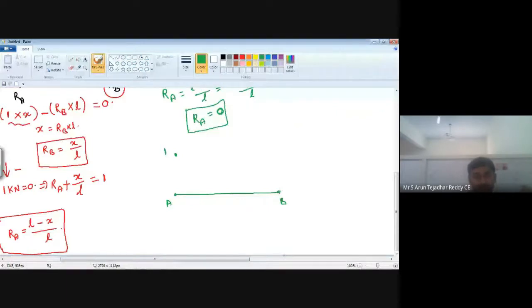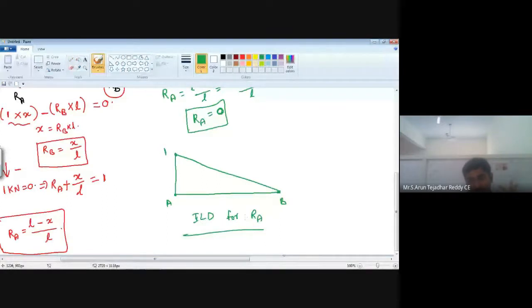Now join all the points. Yes, this is our ILD for RA. It means influence line diagram for RA.